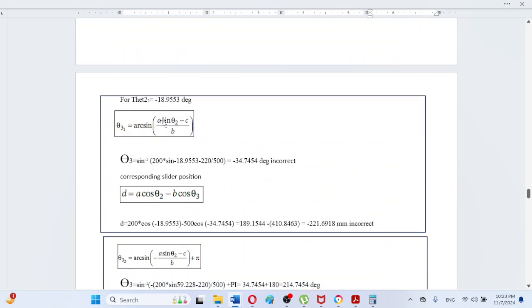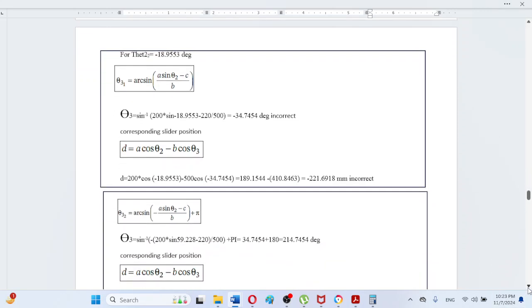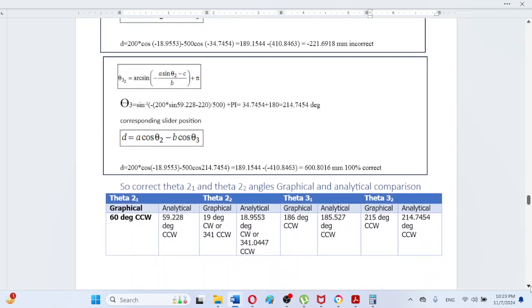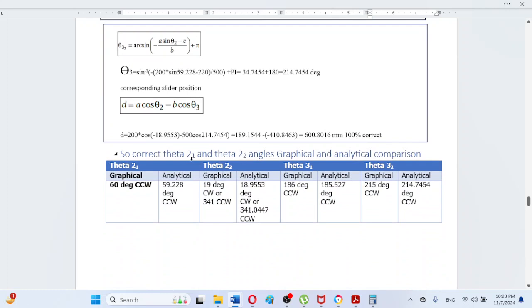So in a similar manner for theta 2 subscript 2, I have again calculated all the four values and the corresponding slider location, as we can observe here. And now I have the correct values of theta 21 and theta 22 angles, and the connecting rod angles have been mentioned here. Theta 21 graphical result is 60 degree, and the analytical result is 59.228.